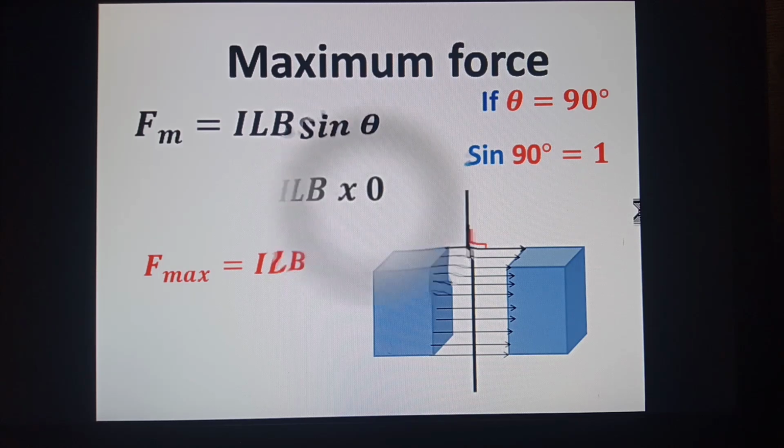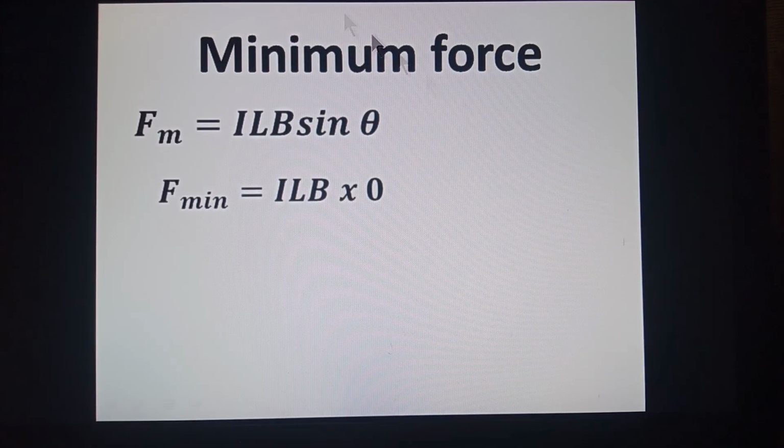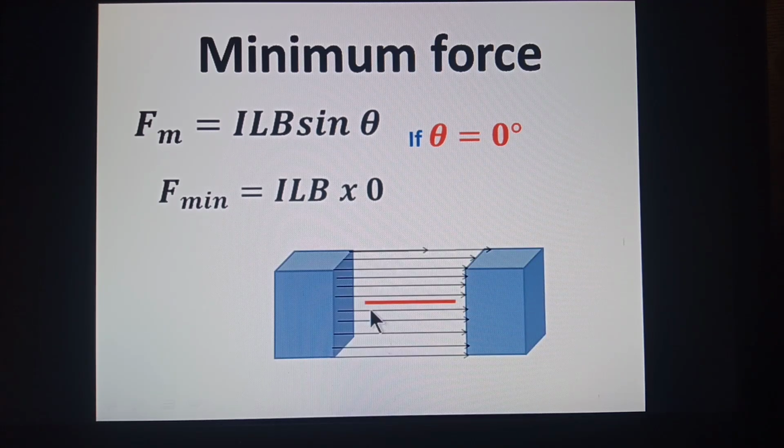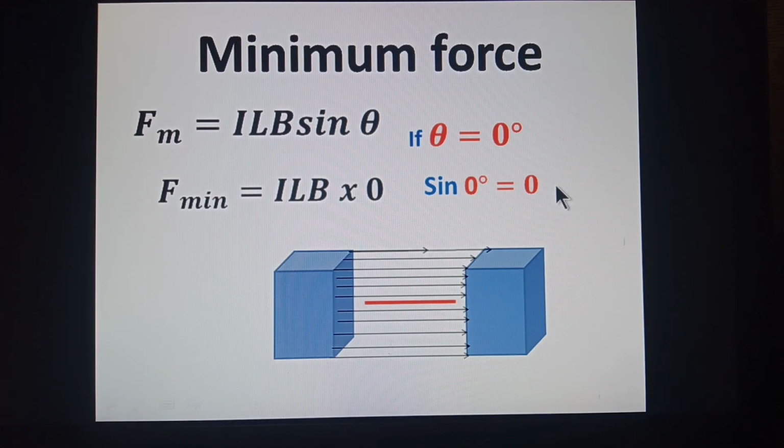And the other situation, that can be minimum force. The force acting on the current carrying conductor will be minimum if theta equals 0 degree. It means that the current carrying conductor is placed parallel to the field, in the direction of field. So you know sine of 0 equals 0.